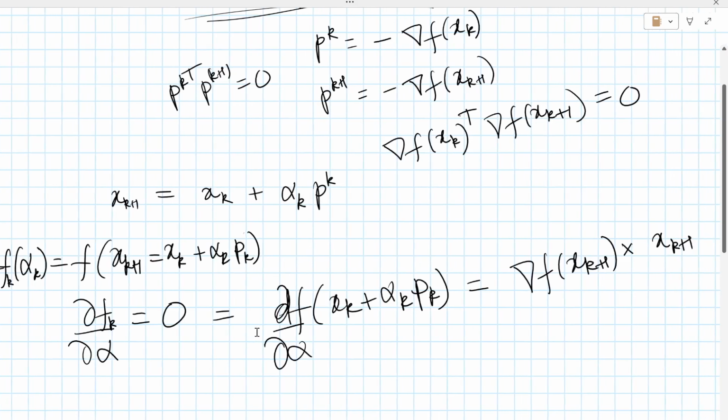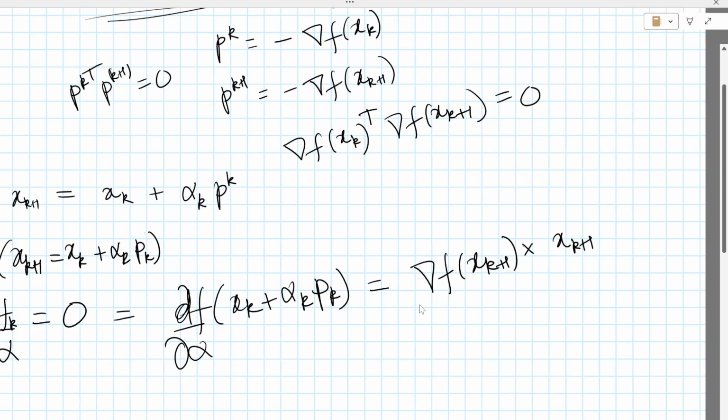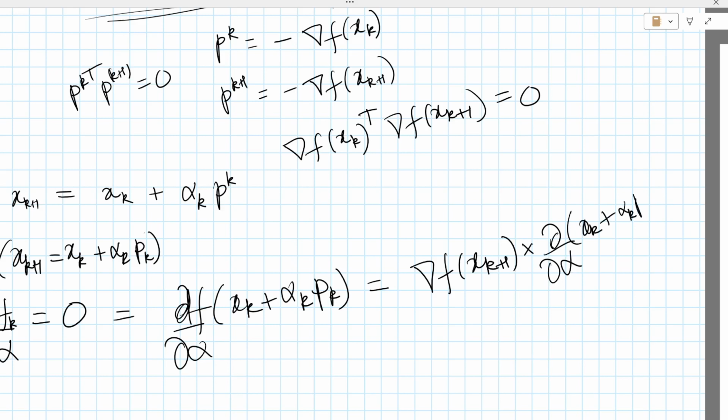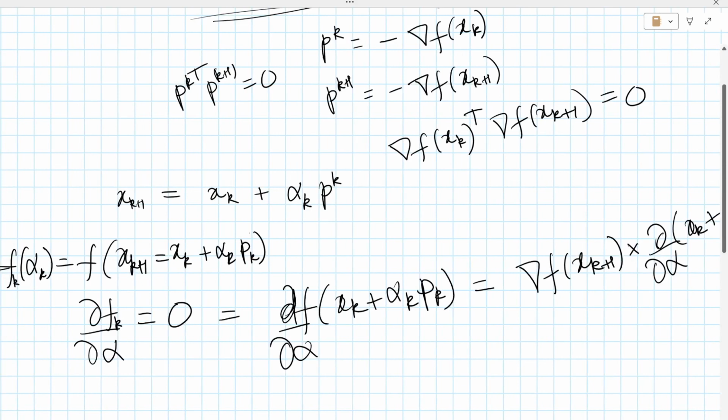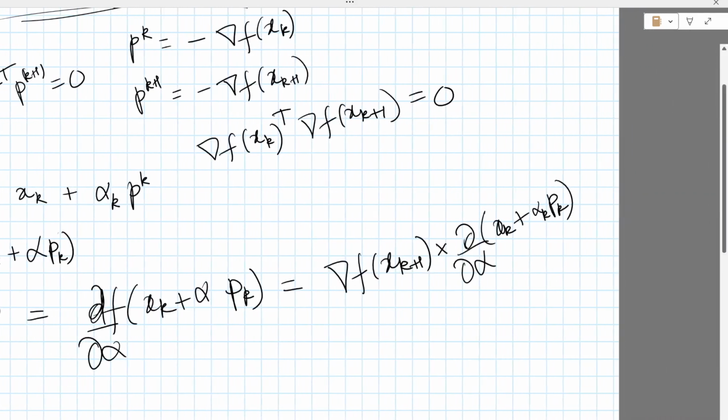So if you do this, here you can use the chain rule. So this is basically the derivative with respect to alpha of f of xk plus alpha k pk. I think I should drop k here, because where it is 0 there we define alpha k.